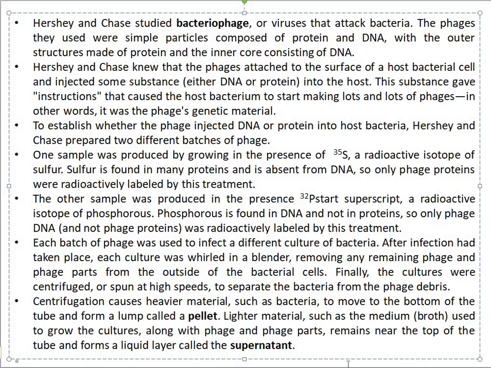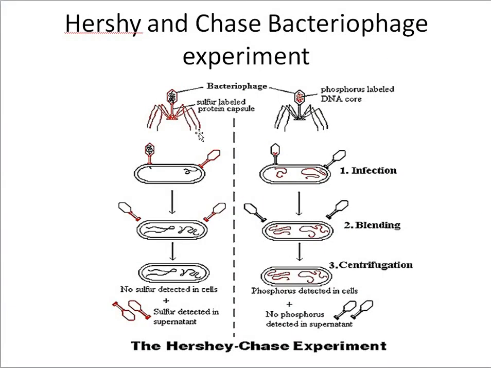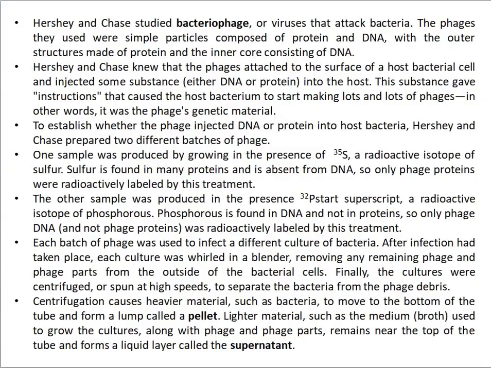What happened in their famous experiment, Hershey and Chase, is that they grew one sample of virus on radioactive sulfur, instead of S32 it was labeled S35.